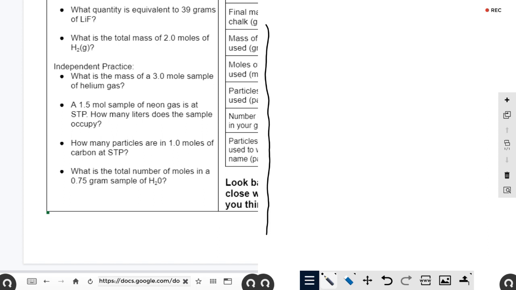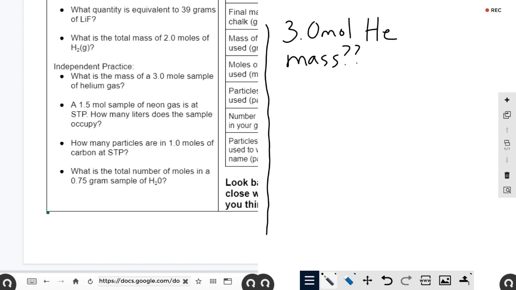So the first one: what is the mass of a 3.0 mole sample of helium gas? I'm given 3.0 moles of helium, and I am trying to find mass. Well, I need the periodic table.